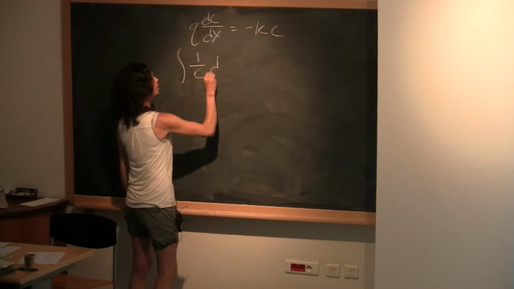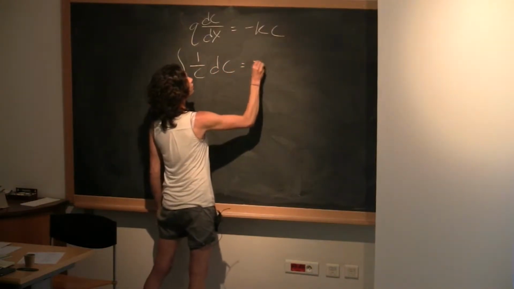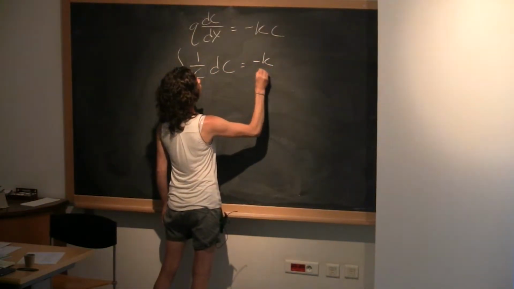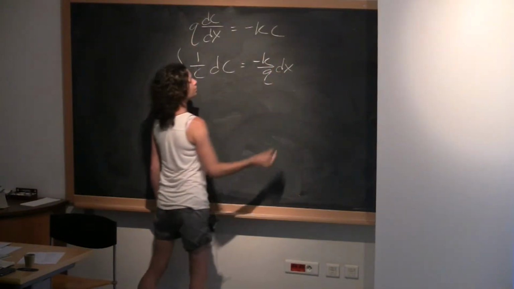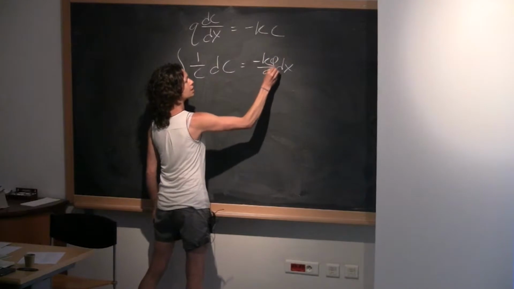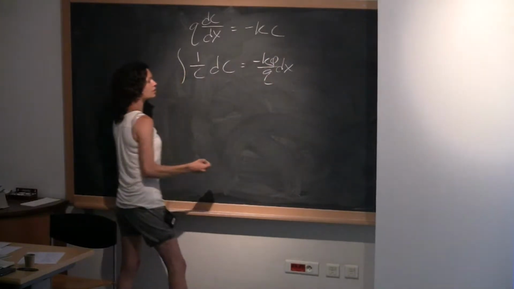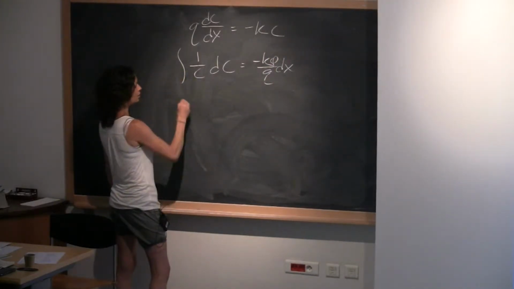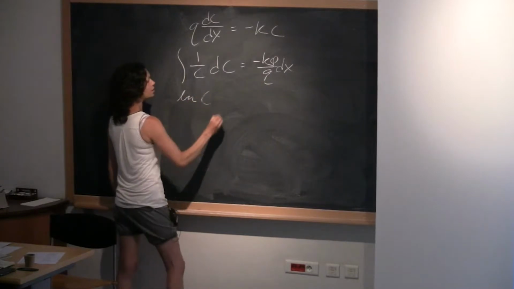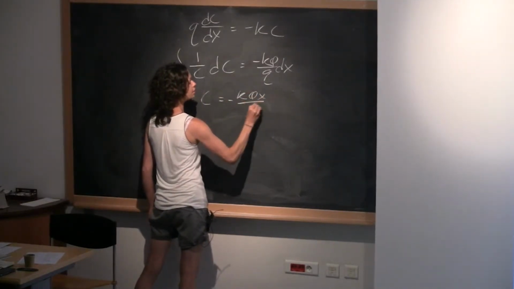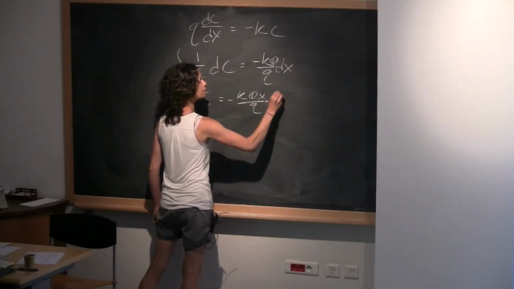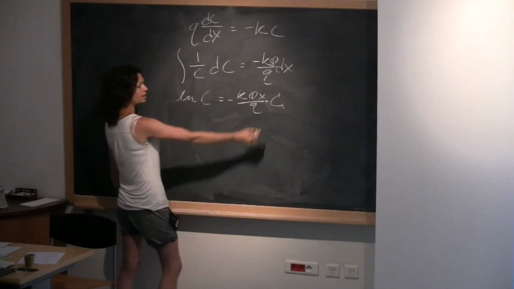1 over C dC, and then over here minus K and over Q dx. All right? And usually we pick up a porosity so that that Darcy flux turns into a linear groundwater velocity, whatever. Natural log of concentration equals minus K phi x over Q plus some constant of integration. What is that thing?